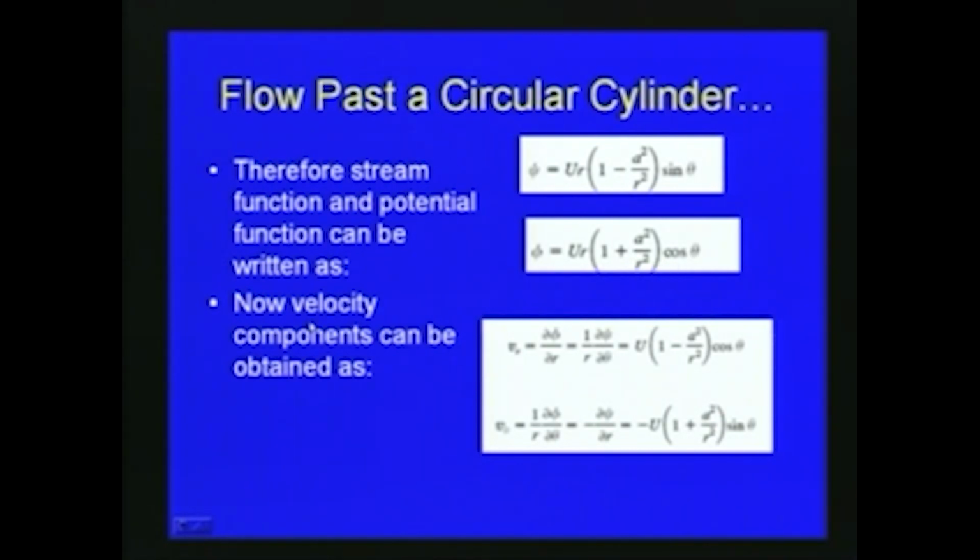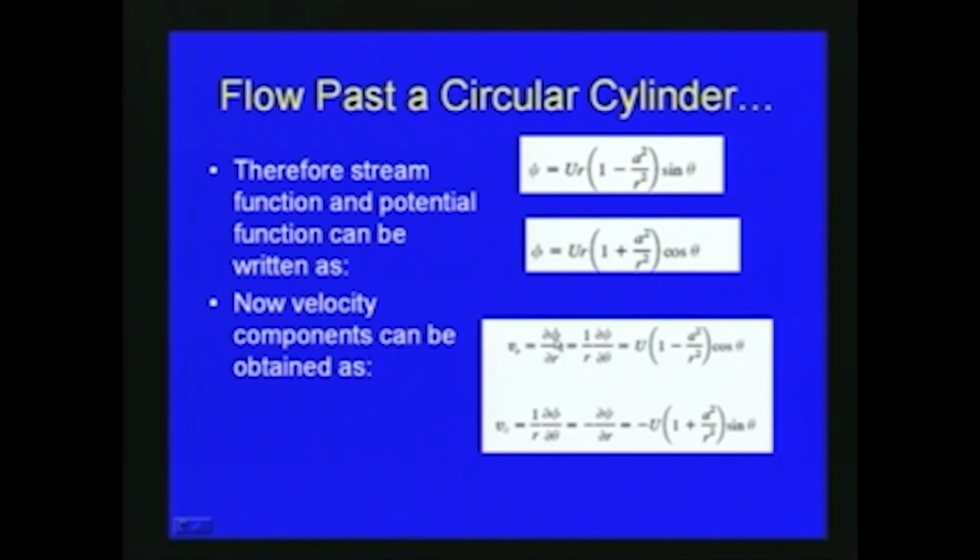So, now the velocity components with respect to this phi and psi, the radial velocity and the tangential velocity, can be defined. The radial velocity V r, as per definition, is del phi by del r, which is equal to 1 by r del psi by del theta.